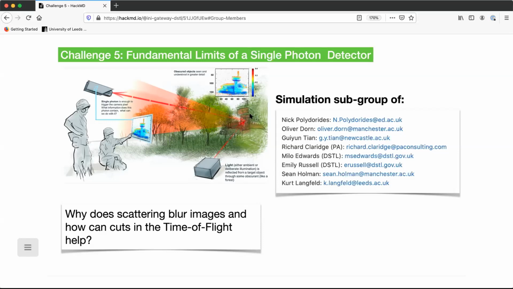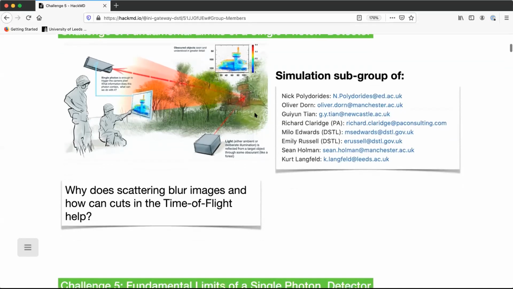We wanted to just talk about fundamental limits, but of course we couldn't avoid talking about how we could make it better as well. So let me start with a very simple mathematical model to set the scene, and then we move on to more evolved techniques. First of all, why does scattering blur images, and how do we use cuts in the time of flight?